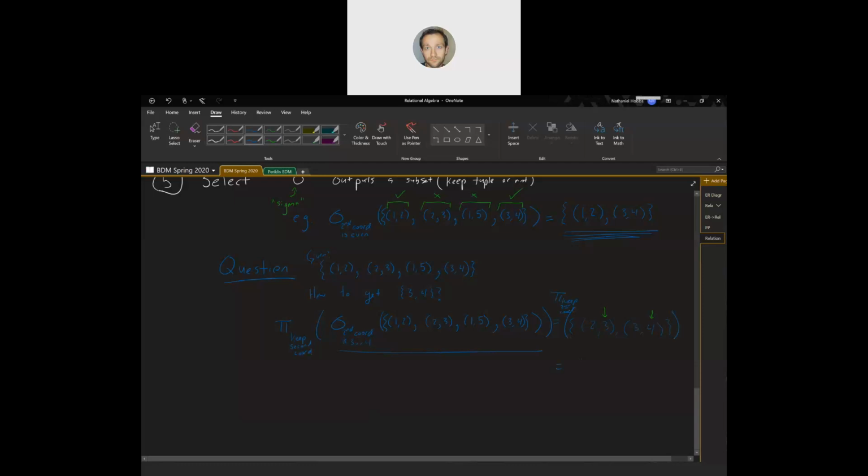And this will give us the set 3 and 4. Okay, so we first apply a select to filter out just those elements that we care about. And after that, we do a projection to keep only the parts of the tuple that we want.